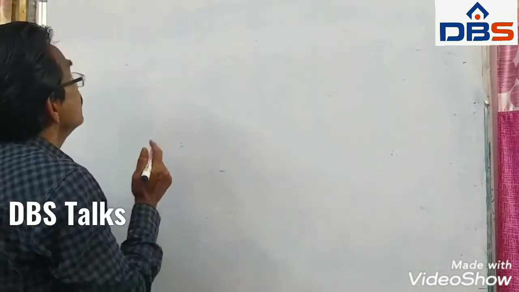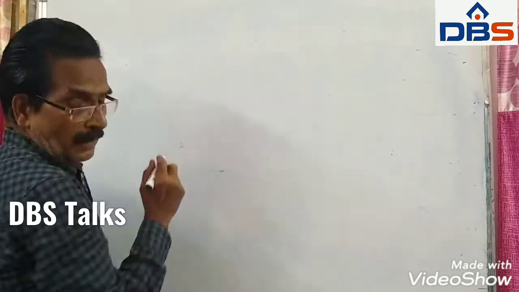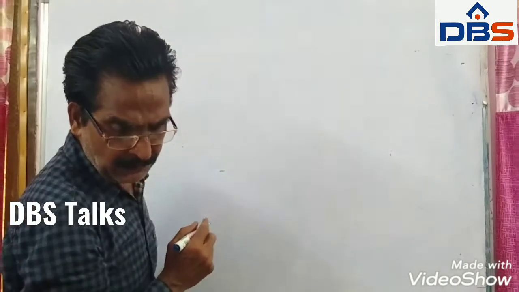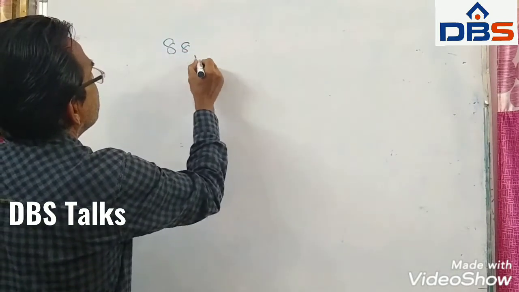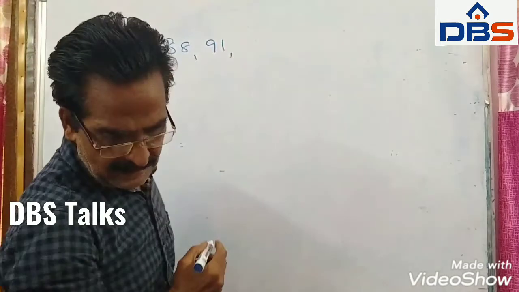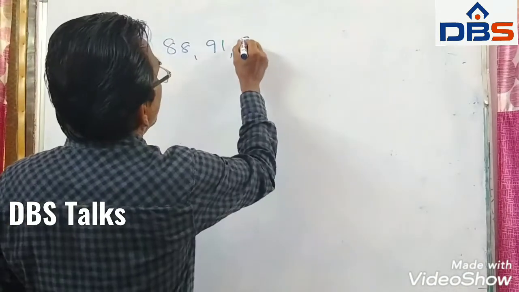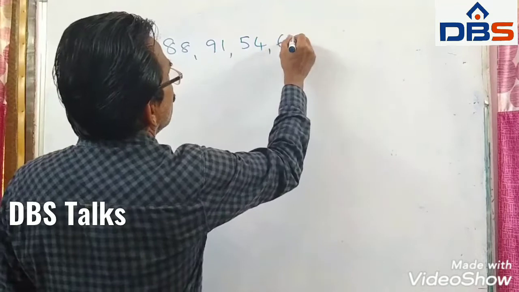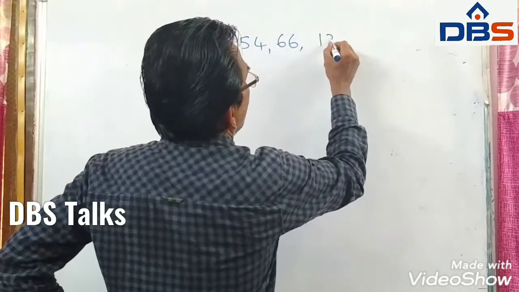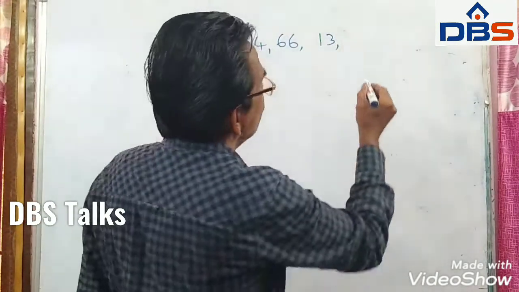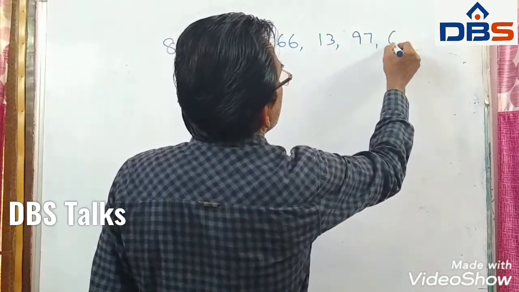Okay, here is the problem, friends. In a test, Raghu scored 88, 91, 54, 66, 13, 97, 6.